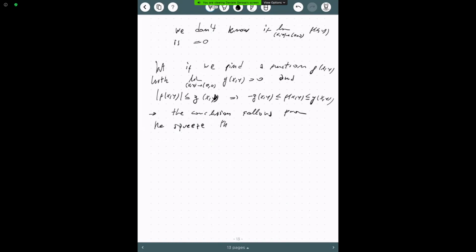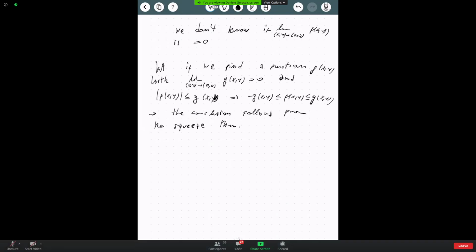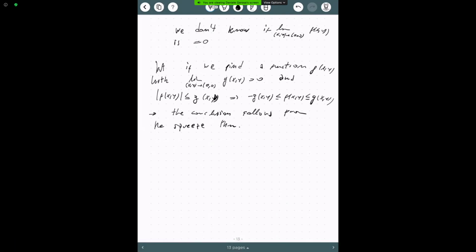Squeeze theorem. KGB, yeah, I guess that's close to what we used to call it. At least in high school, it's called the policeman theorem.